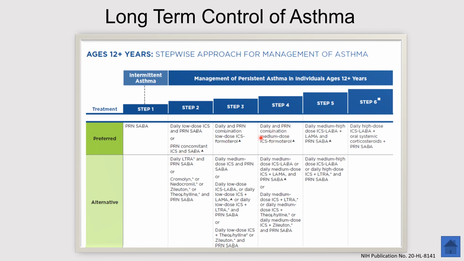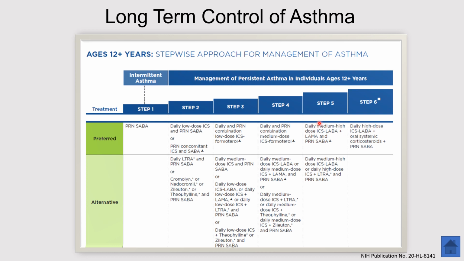And then at step 4, the patient's symptoms are not controlled, so we're going to add something else. We're going to do a daily and PRN combination of medium dose. Here, this is the low dose steroid, and here is the medium dose steroid. And now you see it will be the high dose steroid with the LABA and a LAMA. LAMA, we'll talk about that later, and the PRN SABA. So SABA as usual.